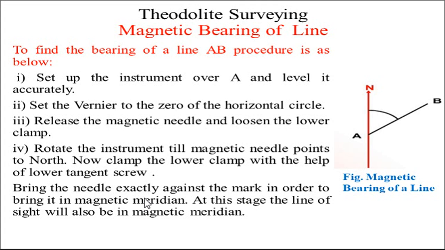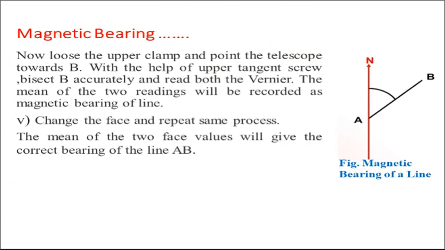At this stage, the line of sight of the theodolite is oriented towards the magnetic meridian or towards the north direction. After this, loosen the upper plate clamping screw.